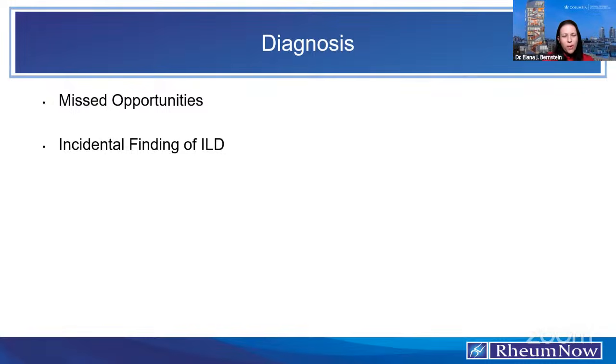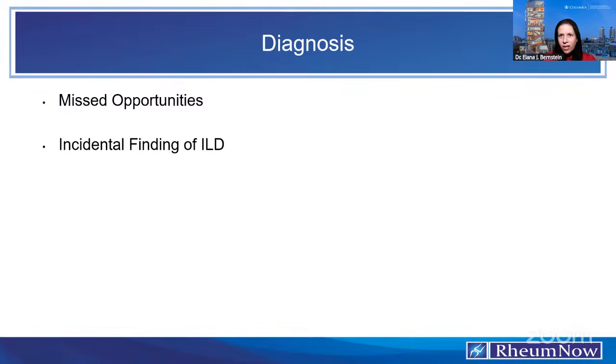So that's a very interesting question. I'm going to approach the question of incidental finding of ILD, and I think I'll get to an answer there. When we're screening our patients for interstitial lung disease, our question is, do they or do they not have ILD? So I'm not sure that I would say if you find ILD on a chest CT, is that really an incidental finding?